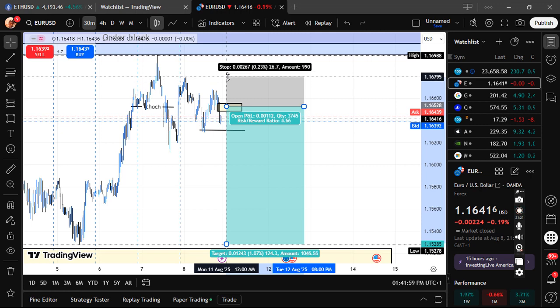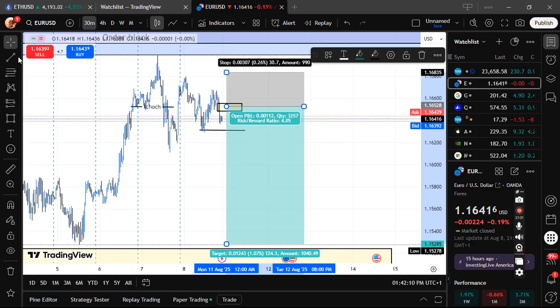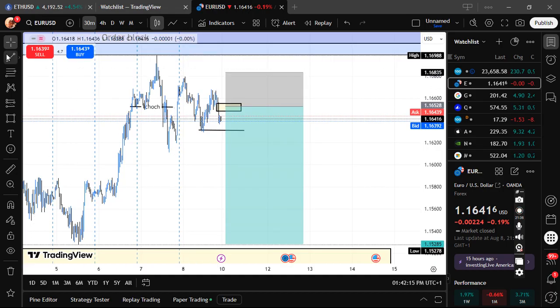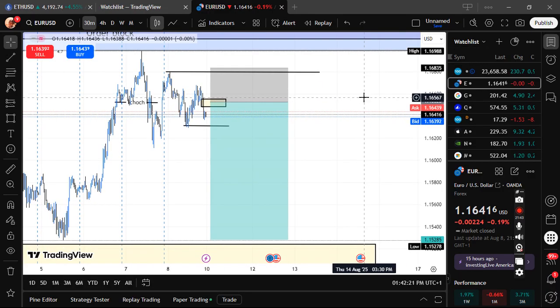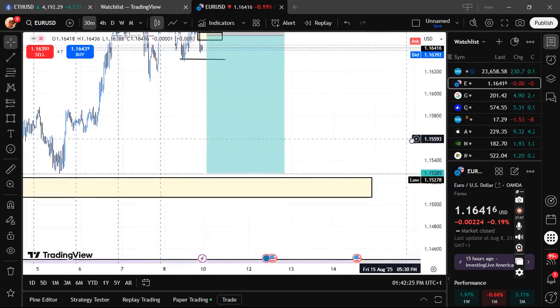Let me just take it to this low, because this is the low that caused this. If market is going to break this low, then I'm out from this trade. So now this is going to be a nice sell trade for me, to tap into this level.